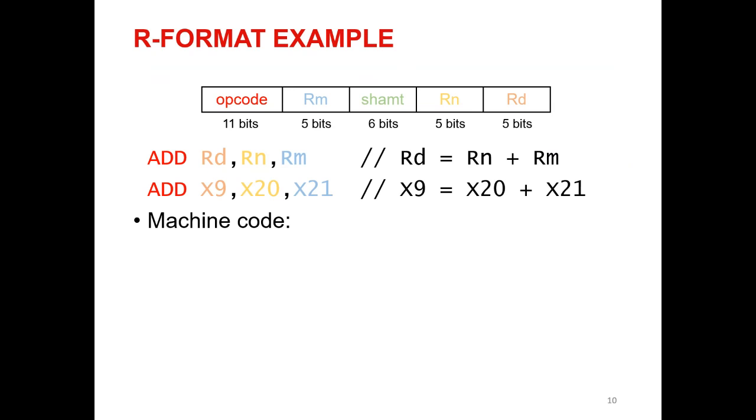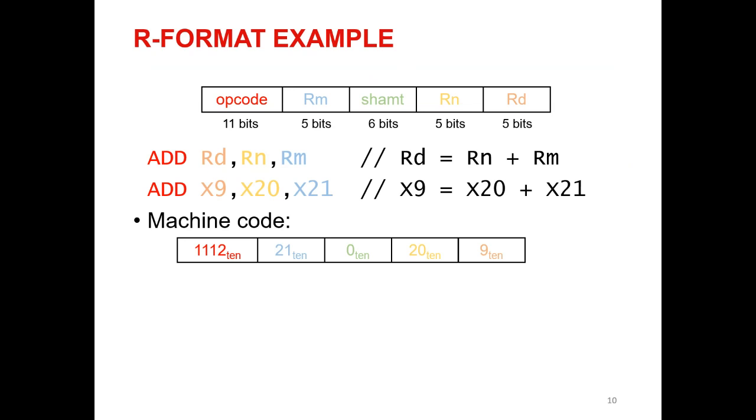The machine code equivalent for this instruction is the following. Here we have values in decimal. In this case, the register destination is register 9, so we just place here a 9. And then LEGv8 will know that if we have a 9 here, this means that the destination of this operation is going to be register 9.